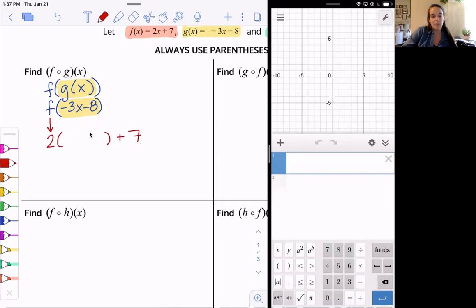And now I'm going to put my purl inside. So the negative 3x minus 8, I'm going to put this whole thing inside here. So I'm going to put in negative 3x minus 8, like that. So I took out the x and I'm putting in the G of X function, the whole function.